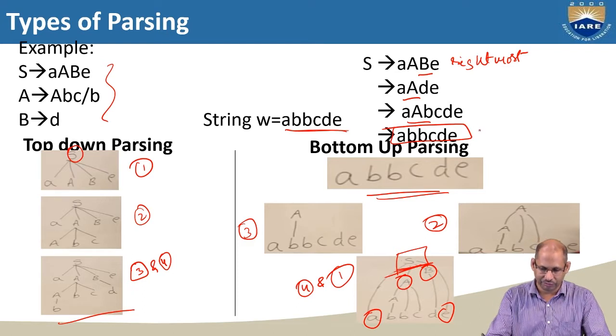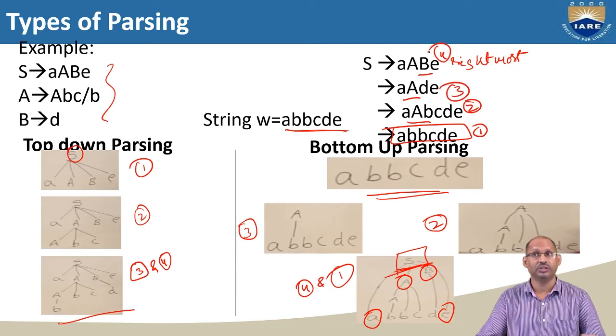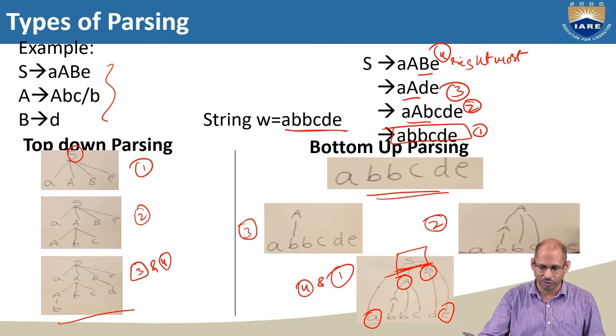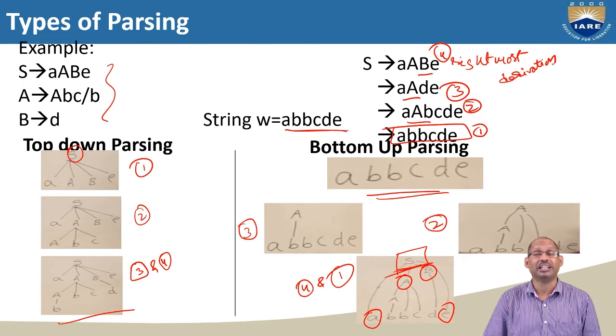Here, this is the first step, this is the second step, this is the third step, finally the fourth step. Doing the reverse of the rightmost derivation is referred to as the bottom-up parsing method.